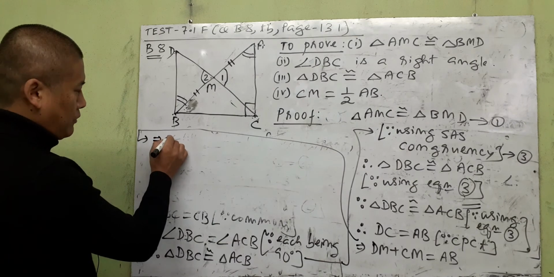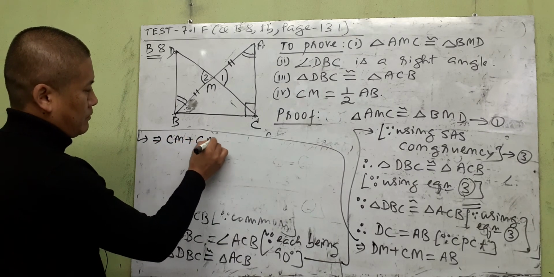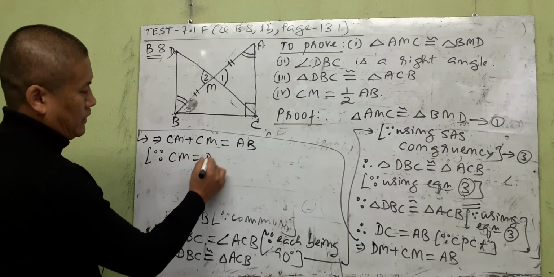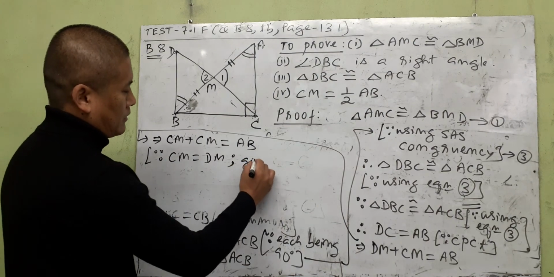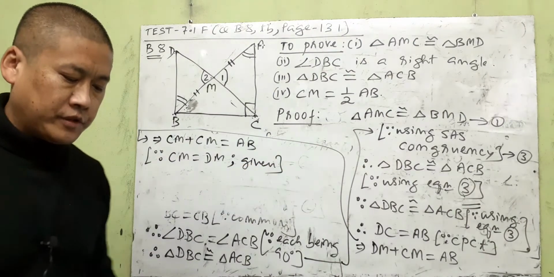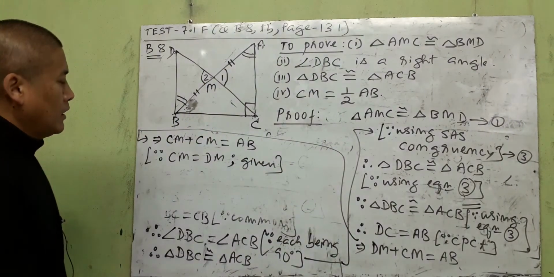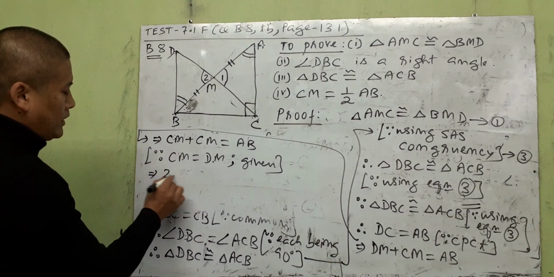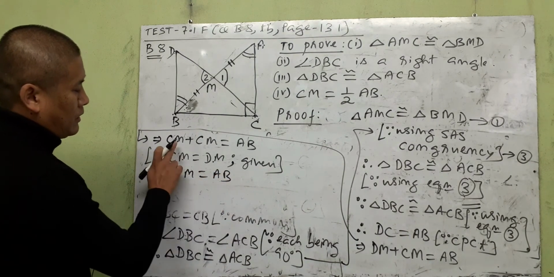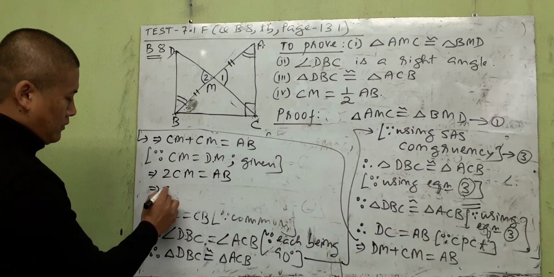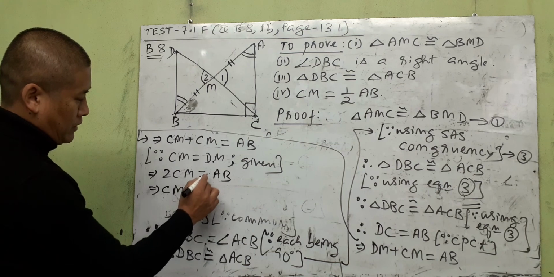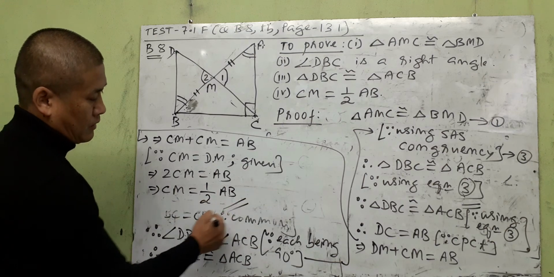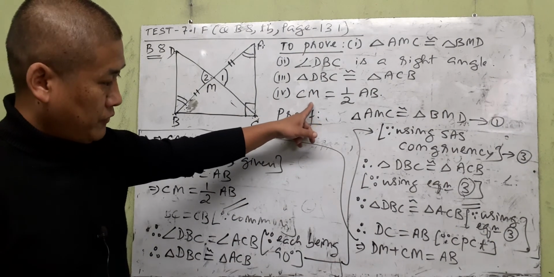Now I will write CM plus CM equal to AB, and give the reason: since CM equals DM, given in the question. You can check the beginning part of what you've written. Since CM and DM are equal, I can replace DM by CM. So it gives you twice CM equal to AB. CM will therefore be equal to 1 by 2 into AB, the 2 coming down. So the third one is proved.